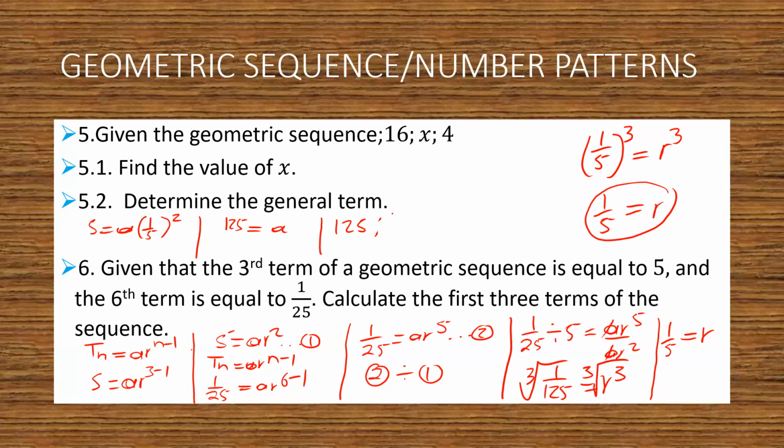We're going to get 25. And what is the third term? We're going to say 25 times 1 over 5. How much? And then we're going to get T3 equals 5. We find out these are the first three terms that they wanted.